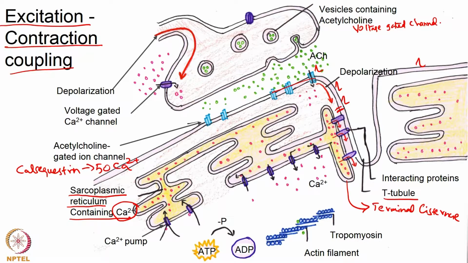It is called, I am going to write its name there, dihydropyridine receptor, or DHPR. When an action potential arrives, they open, but they also open the channels that guard the calcium in the sarcoplasmic reticulum.